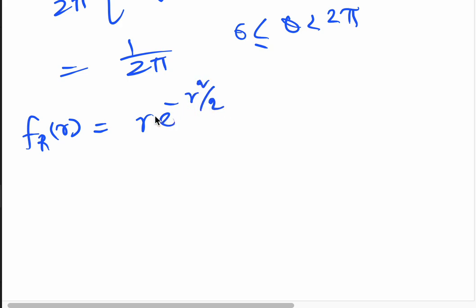Theta is a uniform distribution. Now we have to find the distribution of r square. Since we know the distribution of r, let's figure it out. What is the distribution of r square?